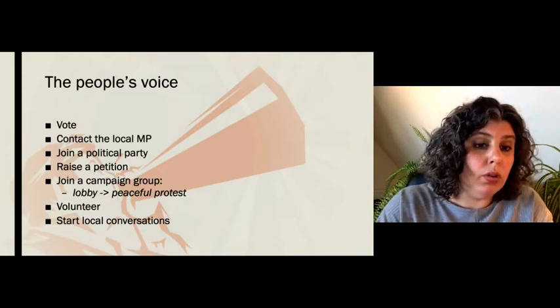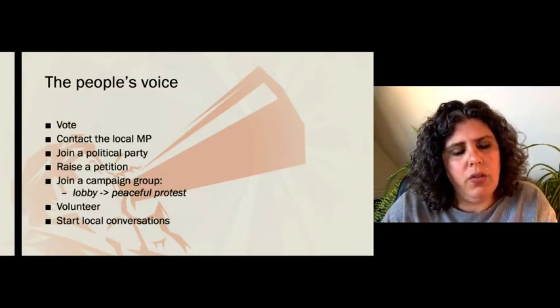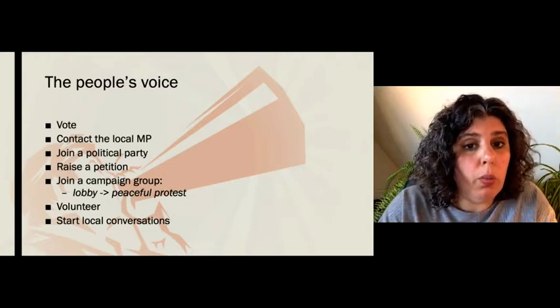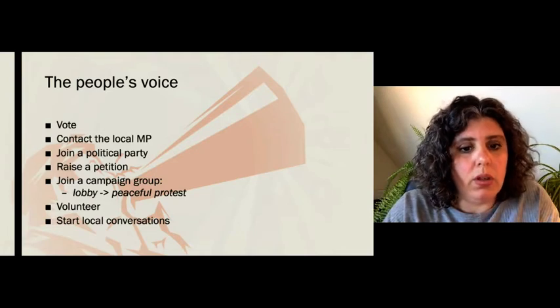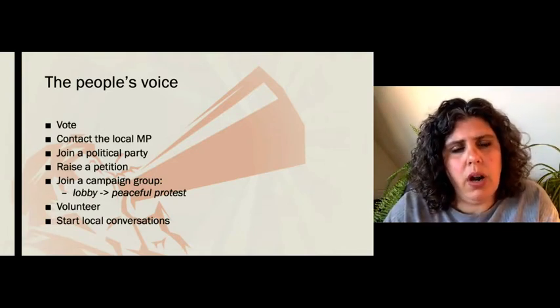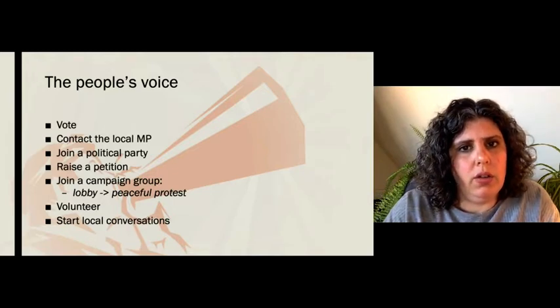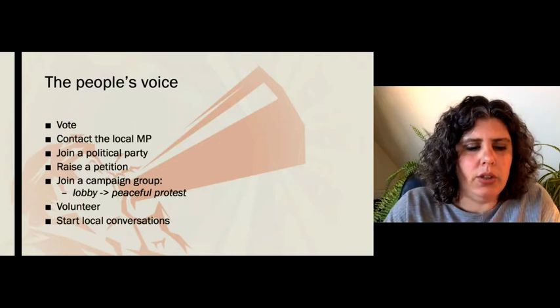We can do something called lobbying, which means making a case for a change to local politicians. We can even get involved in peaceful, non-violent protest and activism, where we try to raise attention and show that a particular issue really matters and needs to change.